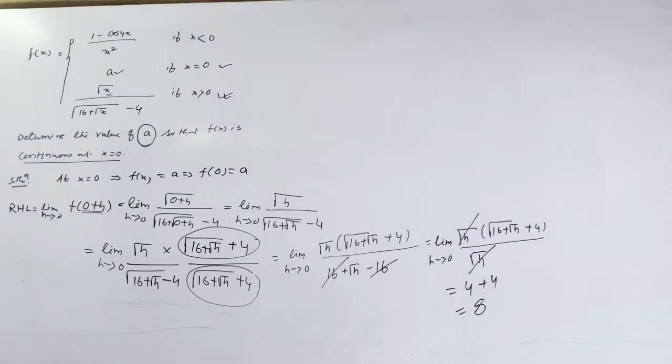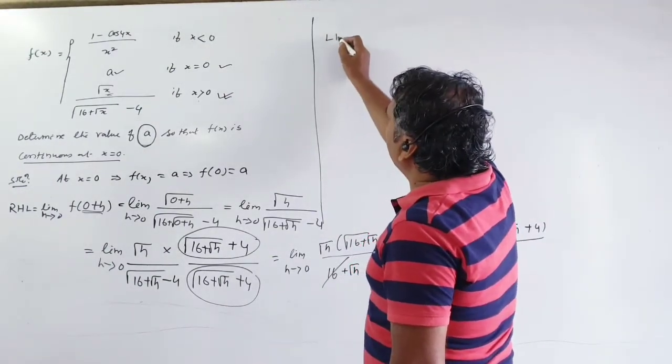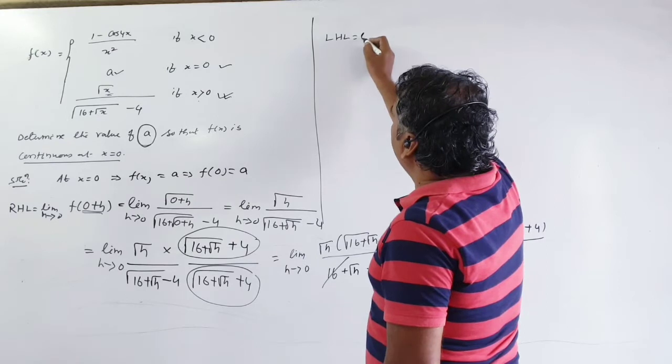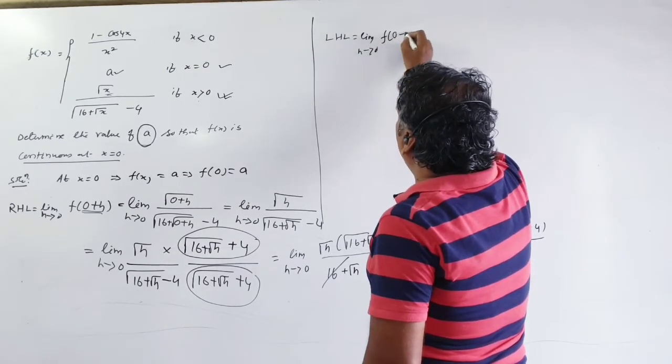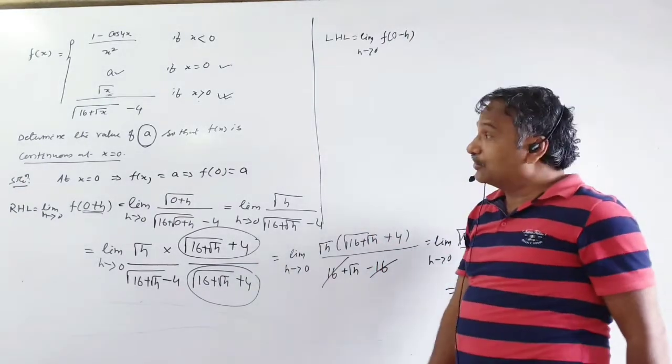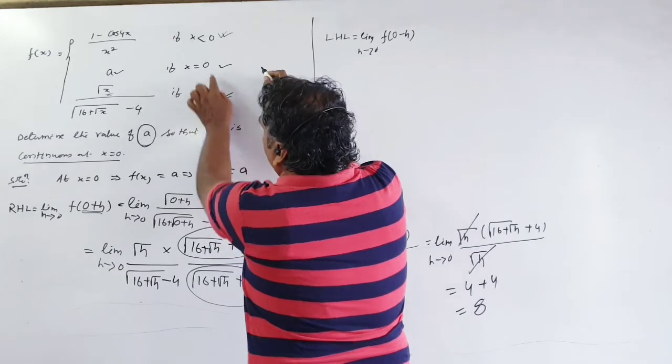Now the next one is the left hand limit: x tends to 0 minus h. Less than 0 means we use this one, where this is greater than 0 and this is less than 0.